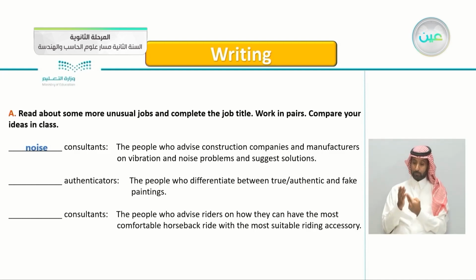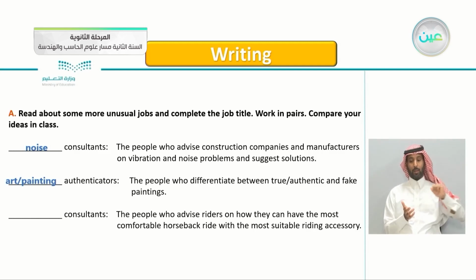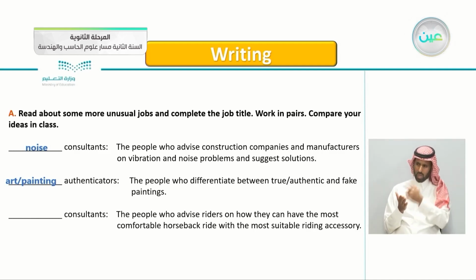So I think this is an easy one. Yes, that's correct. You can say art authenticators, or you can say painting authenticators. Of course, they have really sharp eyes and they can figure out whether the painting is authentic, original, or not.